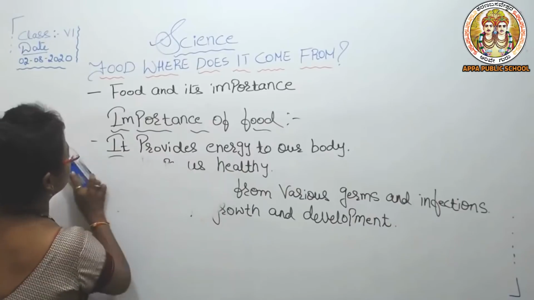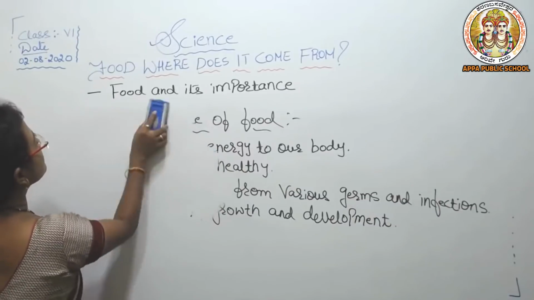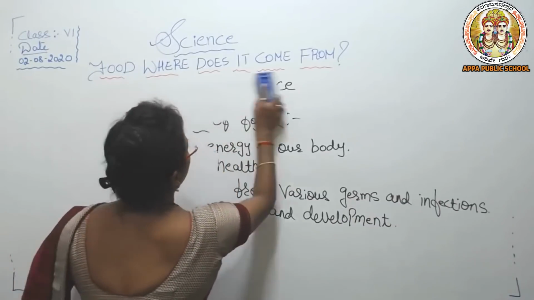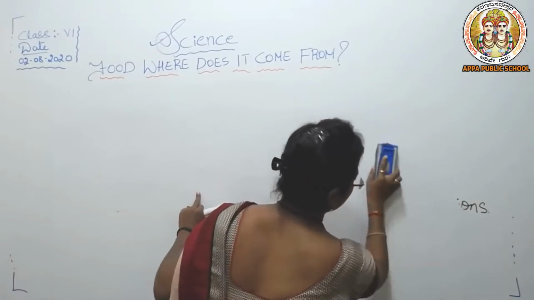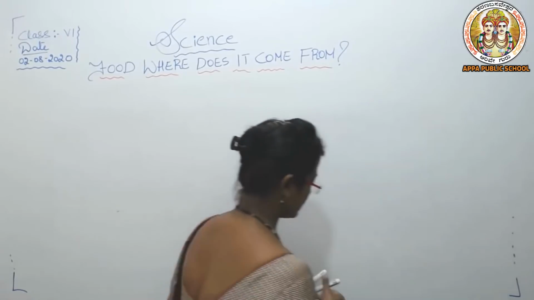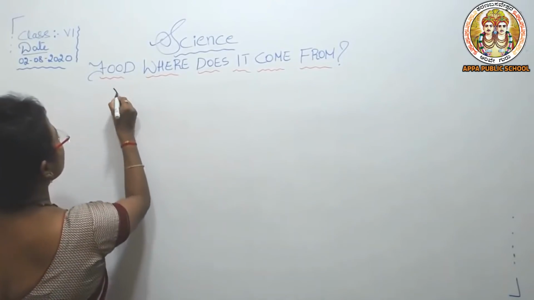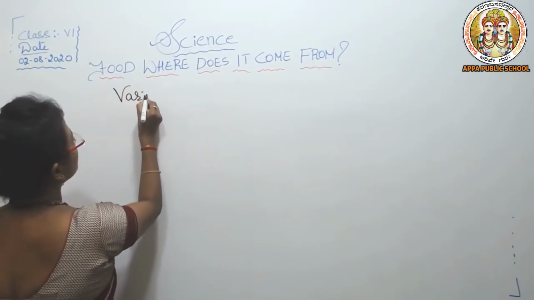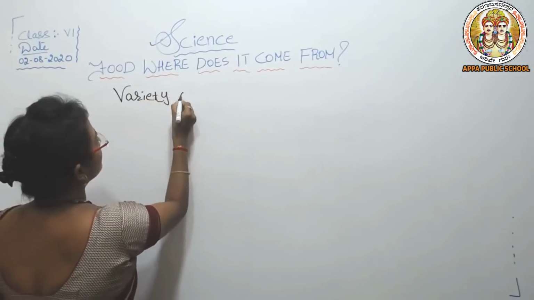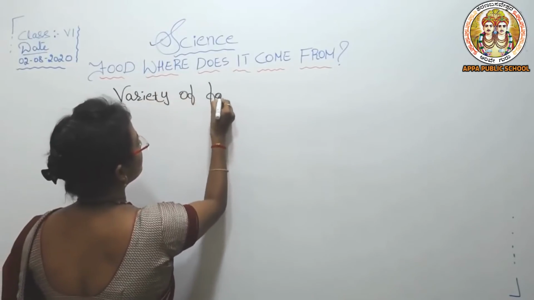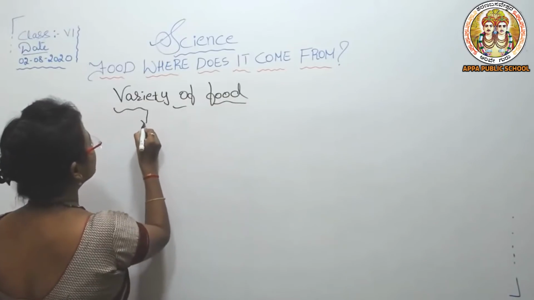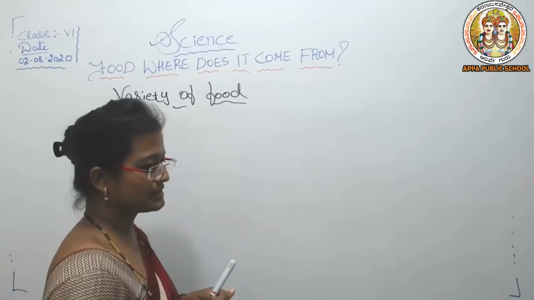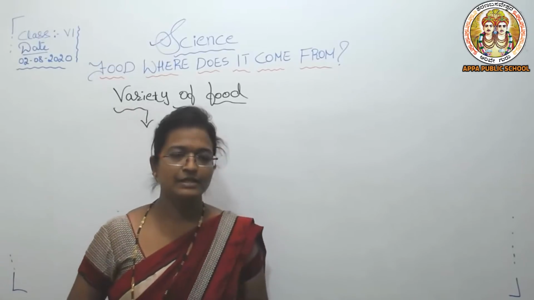So the next topic is variety of food. What do you mean by this variety? For this, I'll tell you one example.